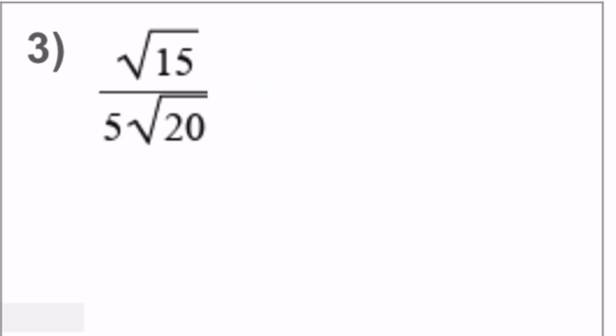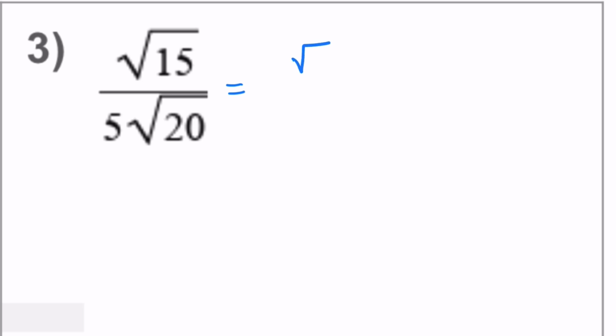For question number 3, you have the square root of 15 over 5 times the square root of 20. Again, the square root of 15 is not a perfect square, and none of its factors other than 1 is a perfect square. So we're going to leave it as is right now. But the square root of 20 does have a perfect square as one of its factors, which is the number 4.